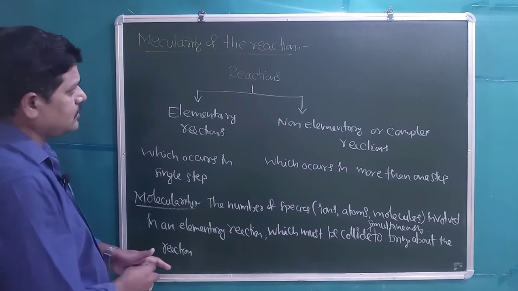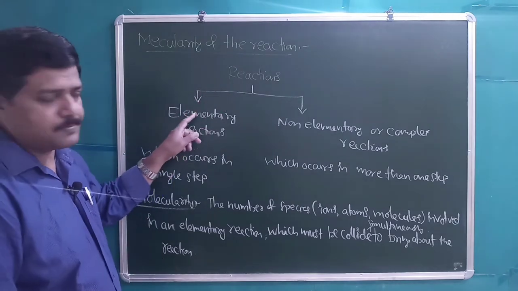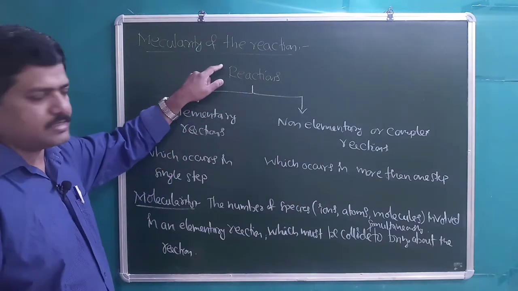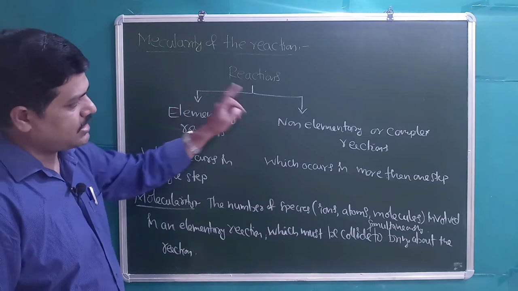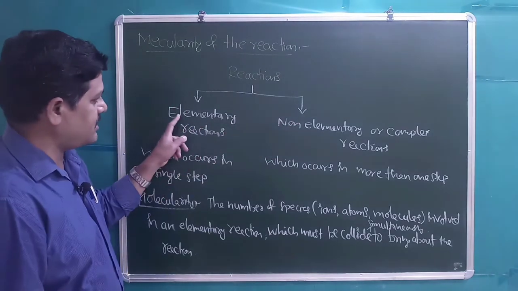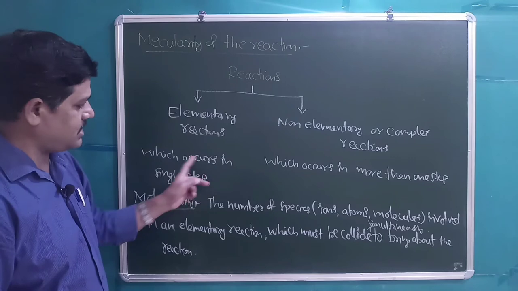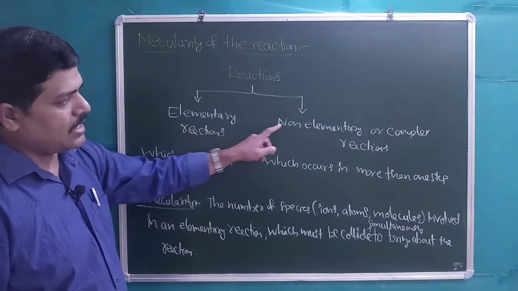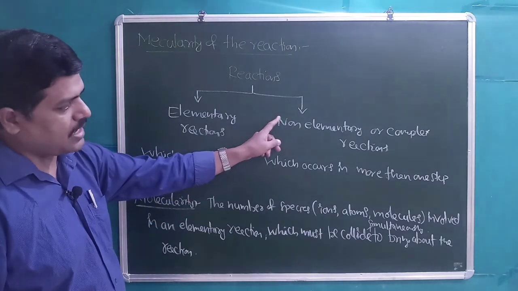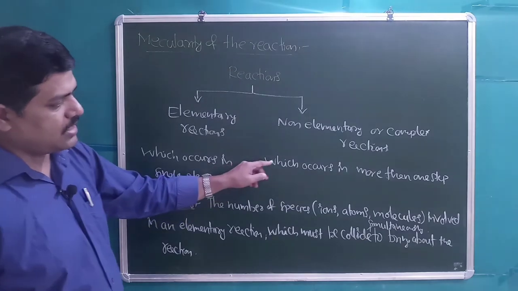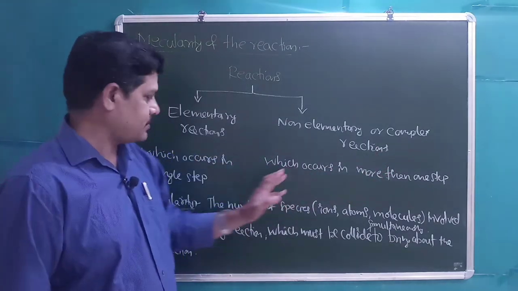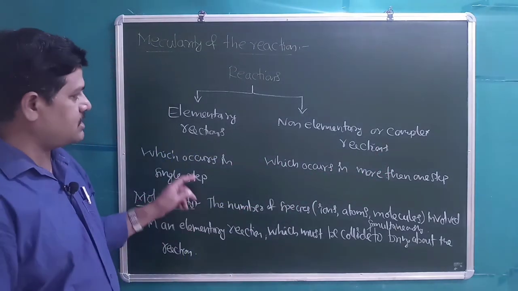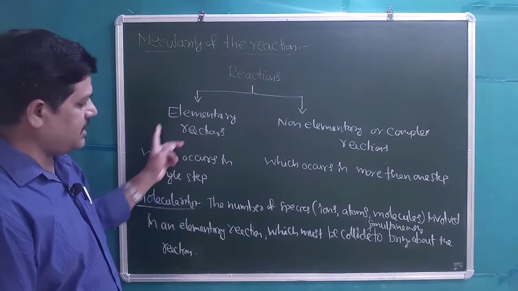Students, based on the number of steps occurring, reactions can be classified into elementary and non-elementary. Elementary reactions occur in a single step. Non-elementary reactions, also called complex reactions, occur in more than one step. Molecularity is defined generally for the elementary reactions.